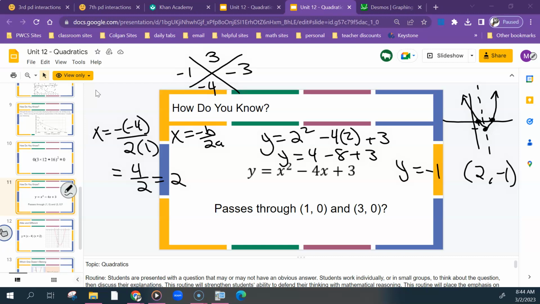So this is similar, but not quite there. We haven't talked about how to actually find the zeros, which we're going to be doing next week. But this would help you. Anyone think about it factoring wise? Were there any other ways that we thought about on how we would know?